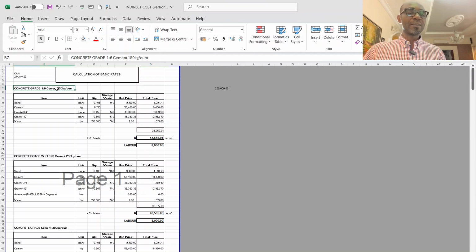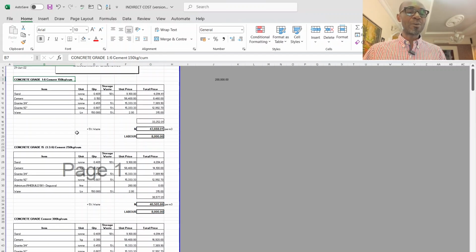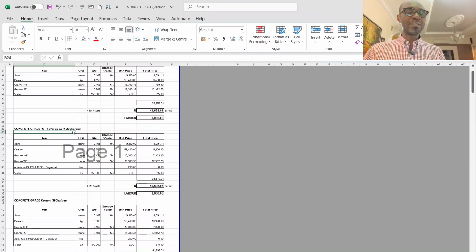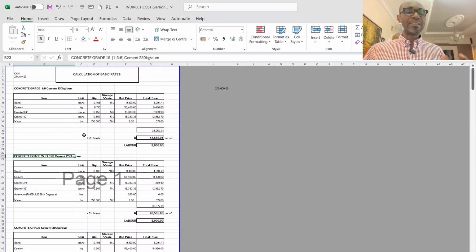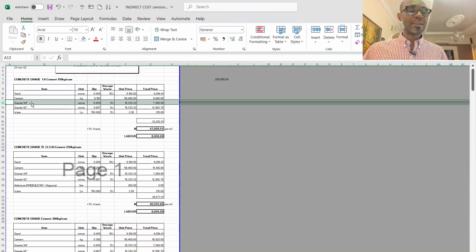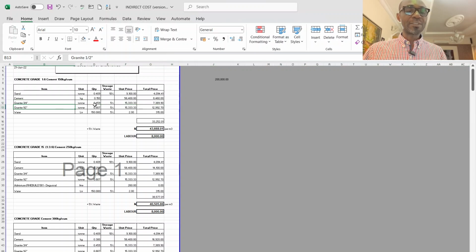I have the grades of concrete. These are 150 kg concrete, which is mostly blinding concrete. I have a 250 kg concrete, and the difference in all of this is the cement. If you can see, the granite 3/4 and a half inch are the same.